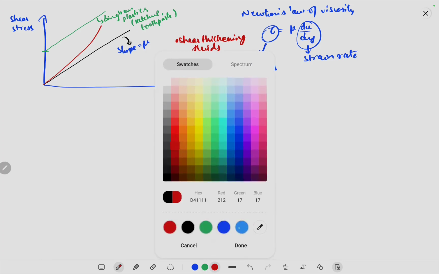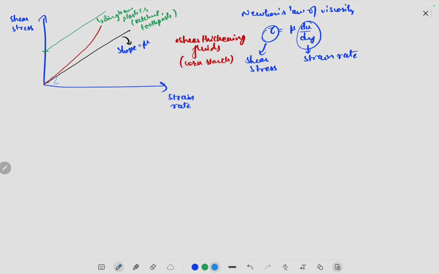The other category of fluids follows this behavior. So you can see that the viscosity decreases as you go on increasing the strain rate. These are called shear thinning fluids.